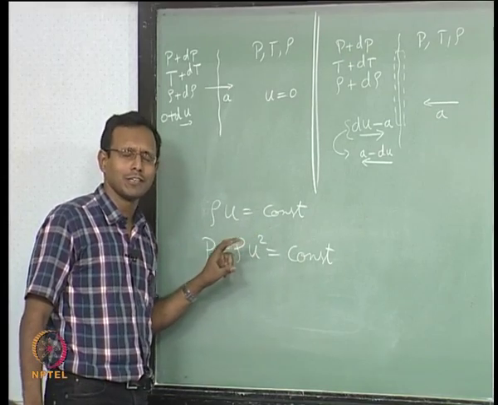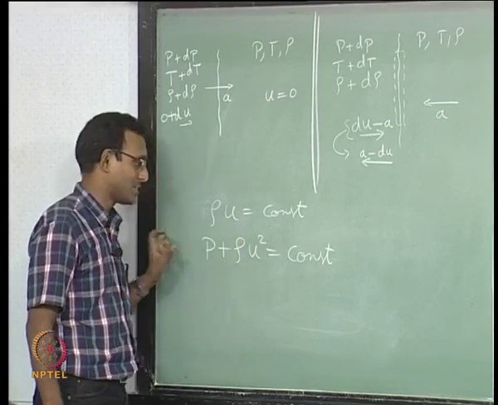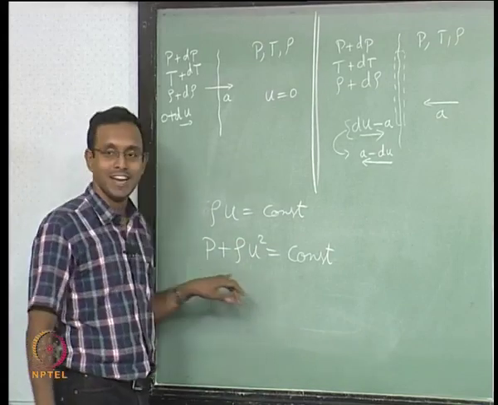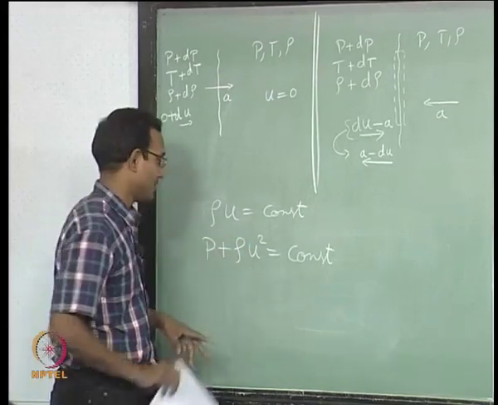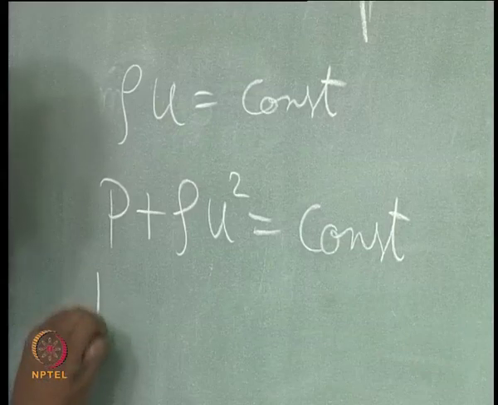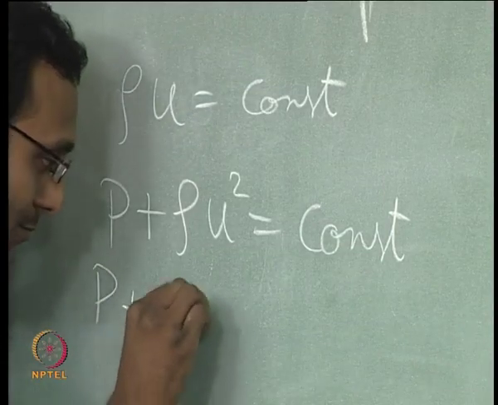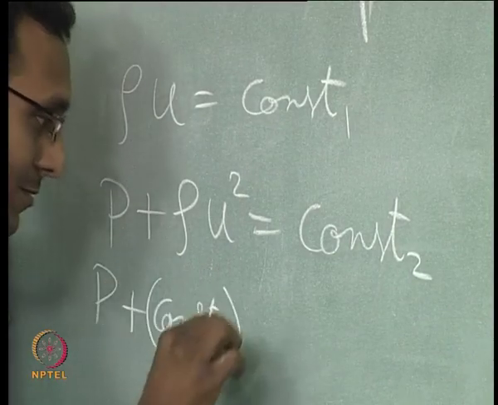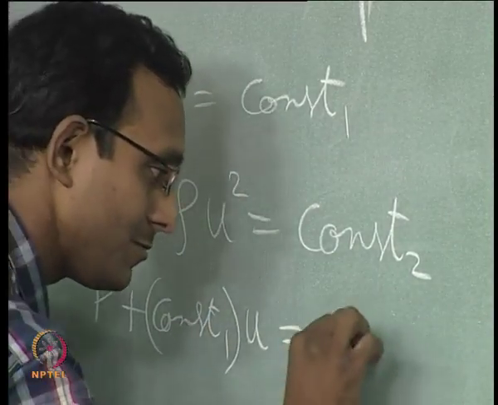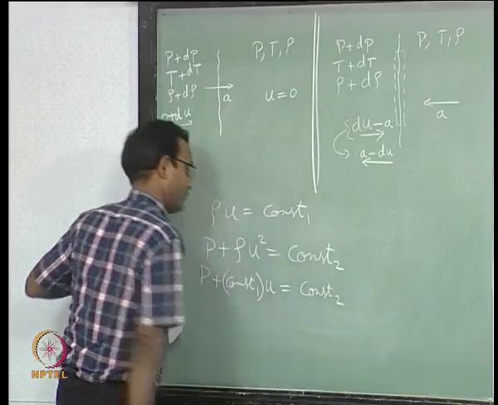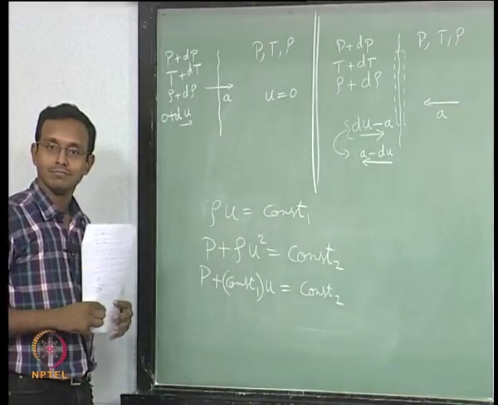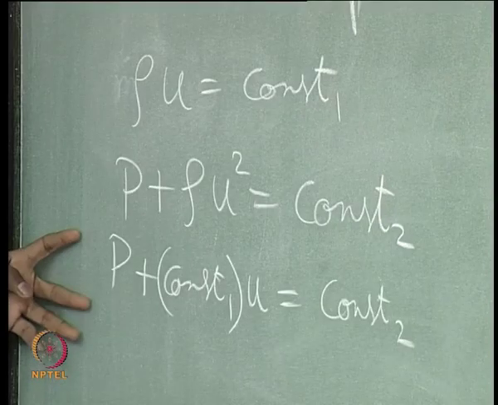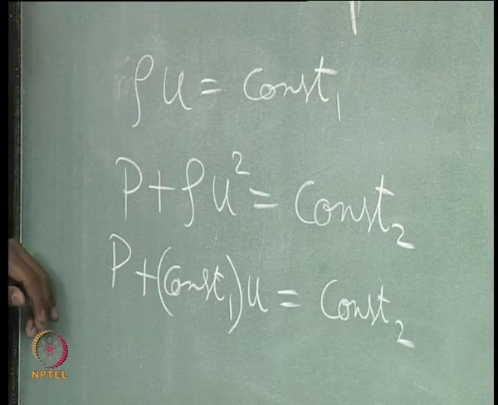I have picked a constant volume, constant area control volume, the special control volume. A1 and A2 are the same, that is what we have assumed. So now I will write this as, I will put constant 1 and constant 2, something like this. This is also true from the mass and momentum equations together.